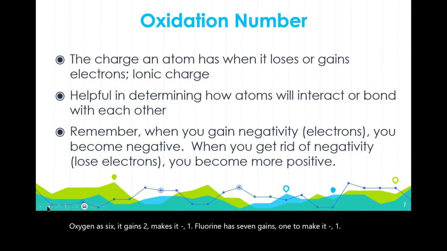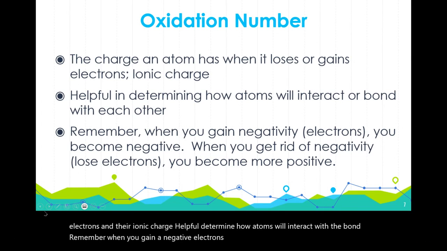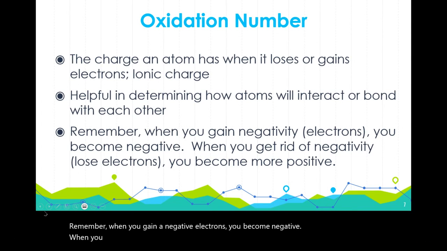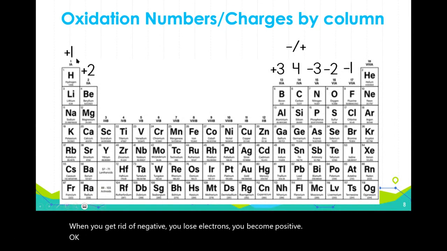So the oxidation number has to do with losing and gaining electrons and their ionic charge. It's helpful to determine how atoms will interact in a bond. Remember, when you gain negative electrons, you become negative. When you lose electrons, you become positive. Here's the oxidation number, +1.